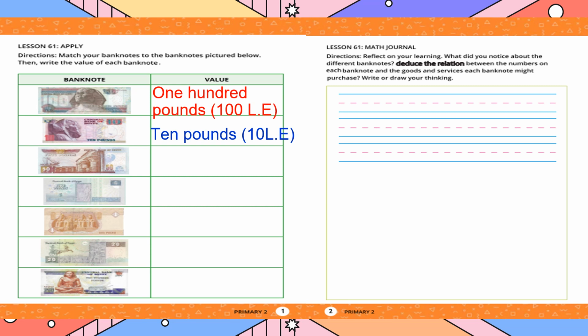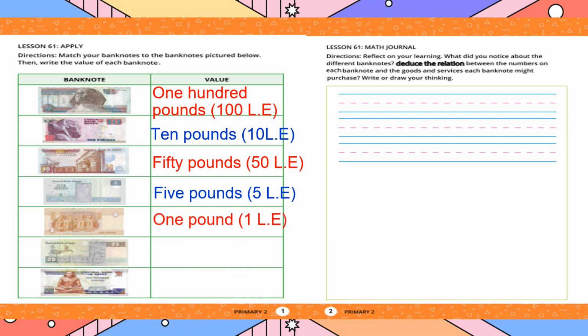Next one, what is the number here? It's 50. So this banknote is 50 pounds or 50 LE. Next one, it is 5. So this banknote is 5 pounds or 5 LE. Next one, this number is 1. So what is the banknote? It is 1 pound or 1 LE.